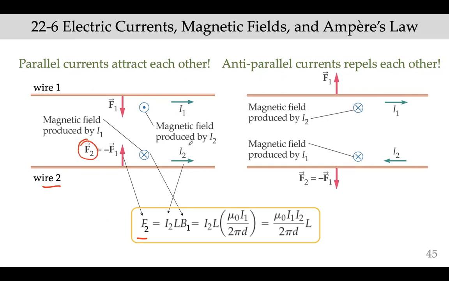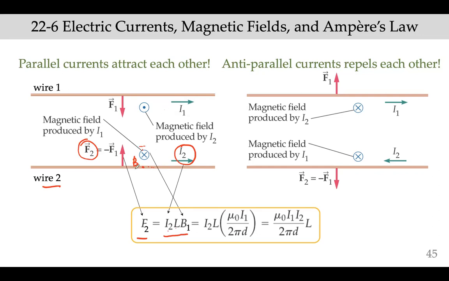So there is I2, L, so it's the length of this wire, and also the magnetic field here. So if you want to find the force on this wire, you have to do ILB. I is the current here, which is I2, L is the length, and B is the magnetic field. But who creates this magnetic field? Well, this wire creates its own magnetic field, but it's not affected by it. But the magnetic field that affects wire 2 is actually created by wire 1.